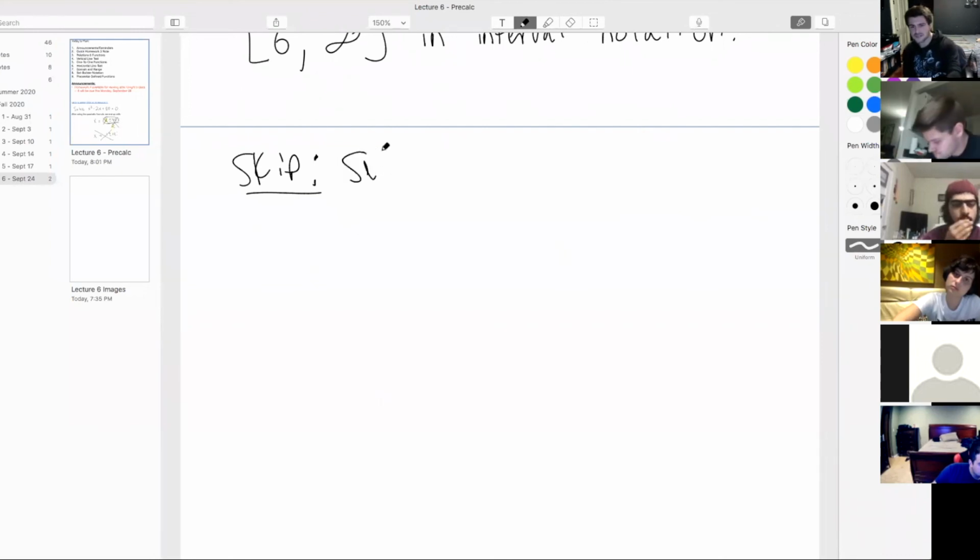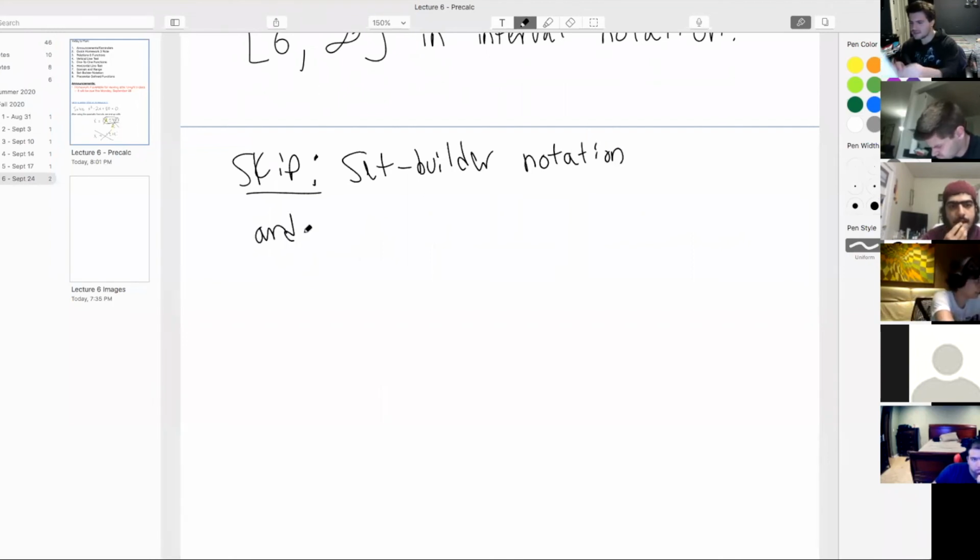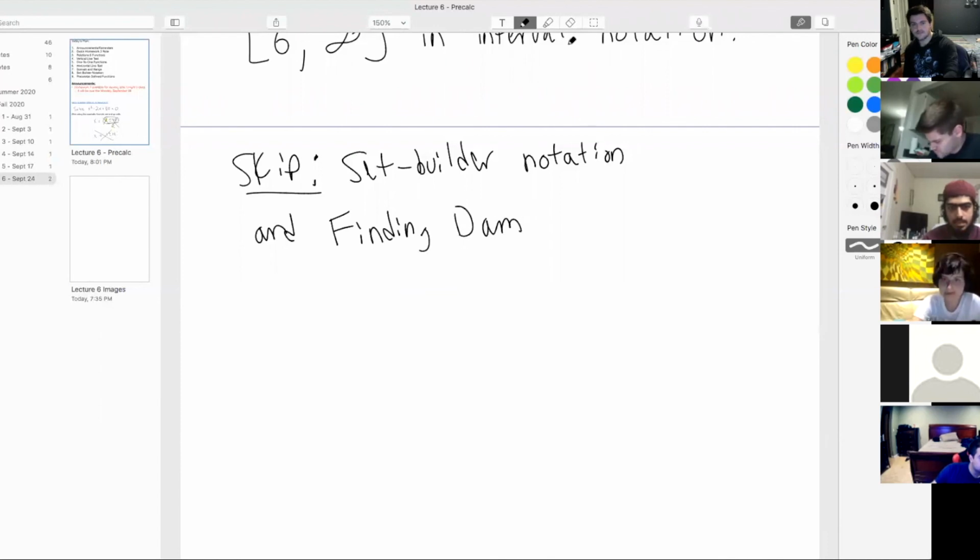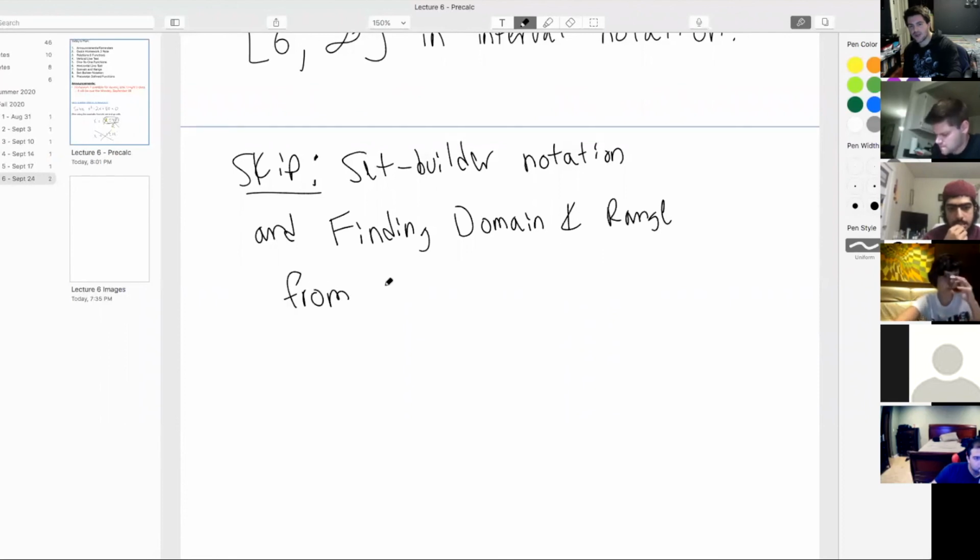I'm going to skip set builder notation, and finding domain and range from graphs.